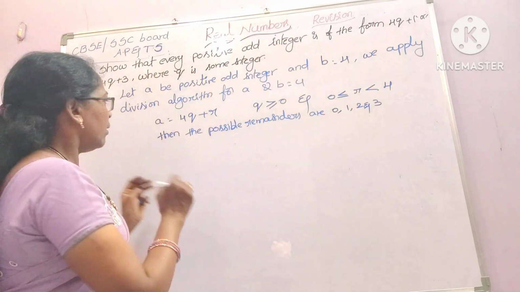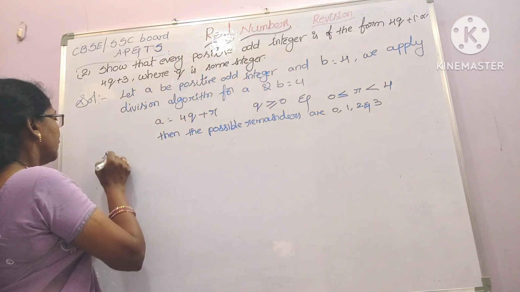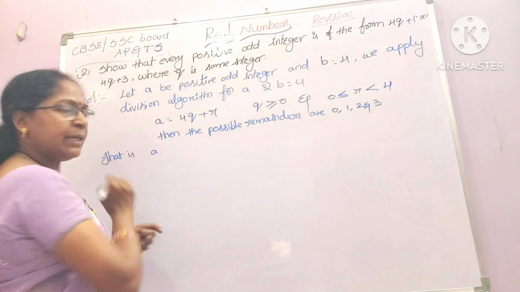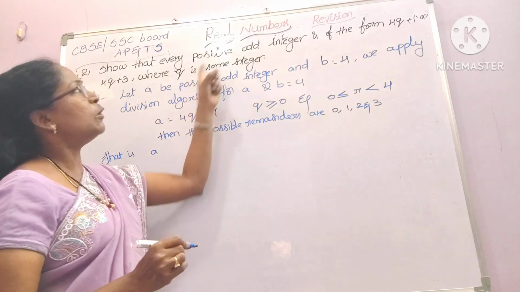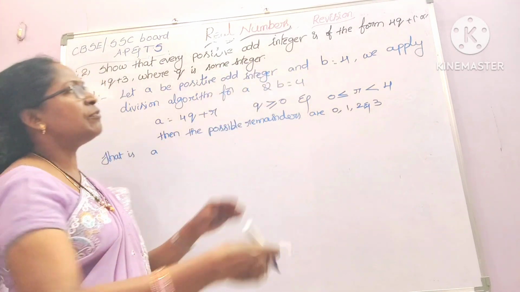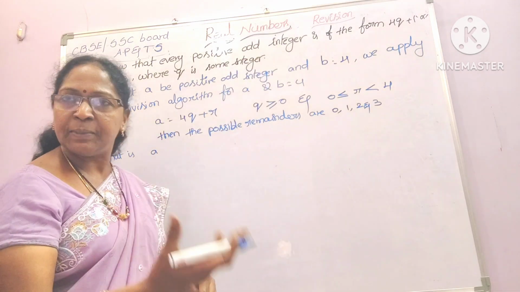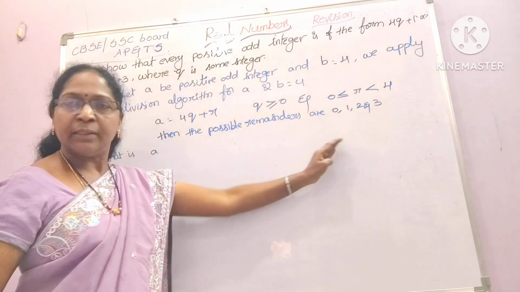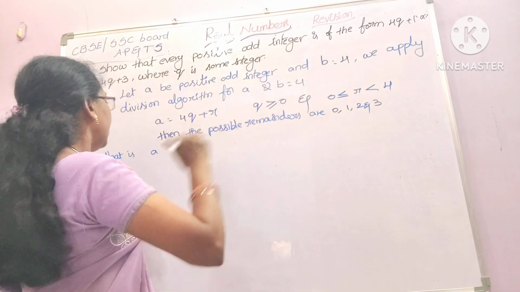Now, A is a positive odd integer, and you have to prove that it is in the form of 4q plus 1 or 4q plus 3. First you have to find the possible remainders, later check them one by one.